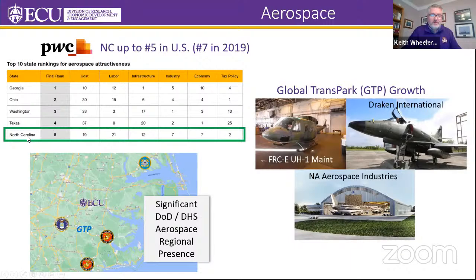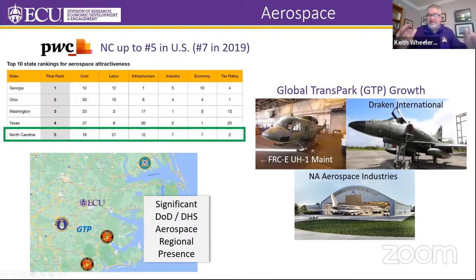When you look at the numbers for North Carolina in the aerospace sector, we're number 5 in the nation. We were just number 7 two years ago, so we're moving in a positive trajectory. The reason we're trying to get this consortium together is we're 21st in labor in the aerospace sector.